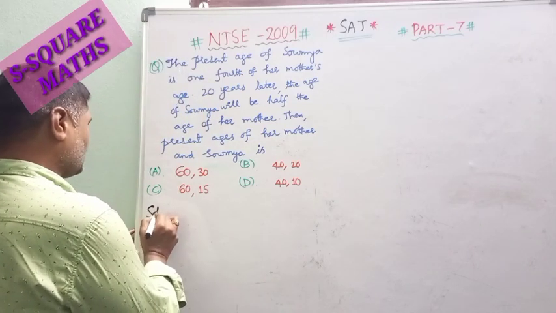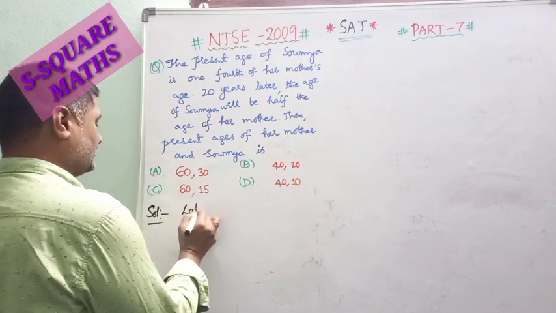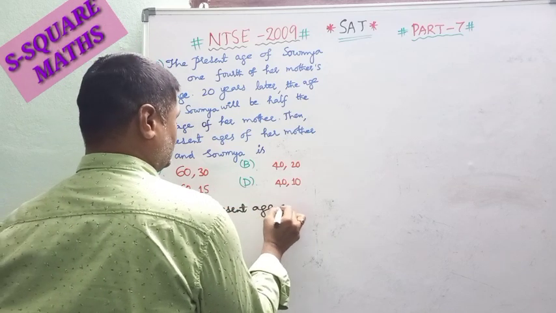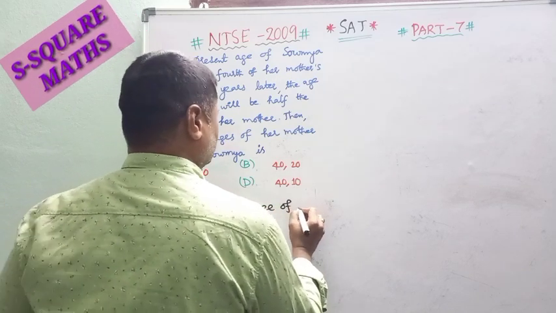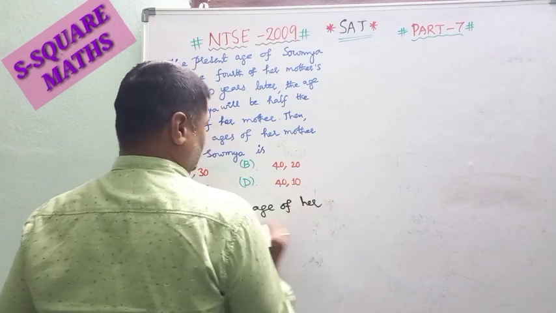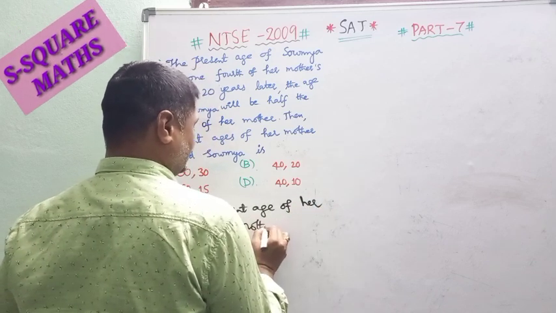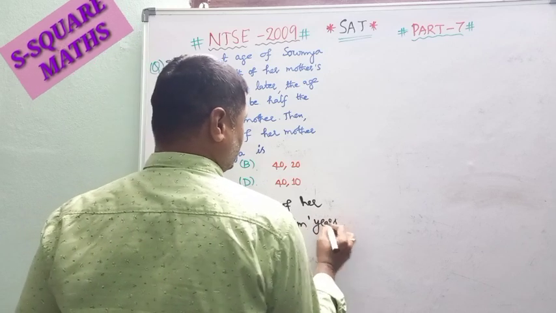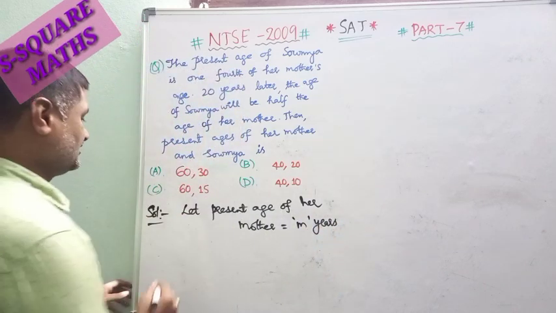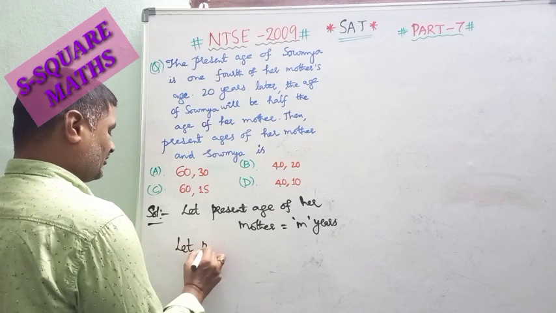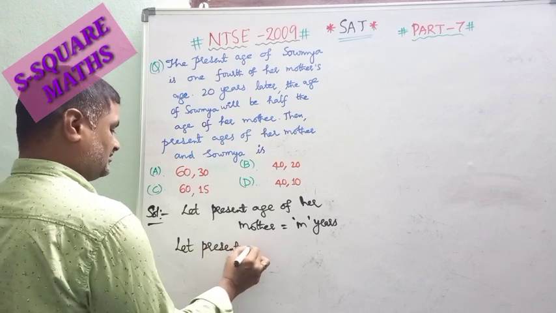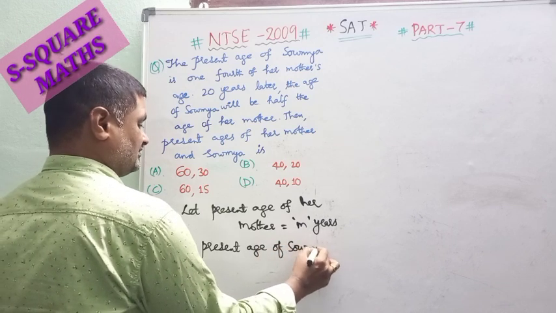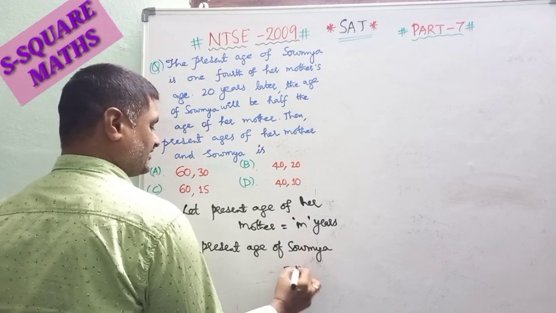So the solution follows. Let the present age of her mother be M years, and let the present age of Soumya be N years.